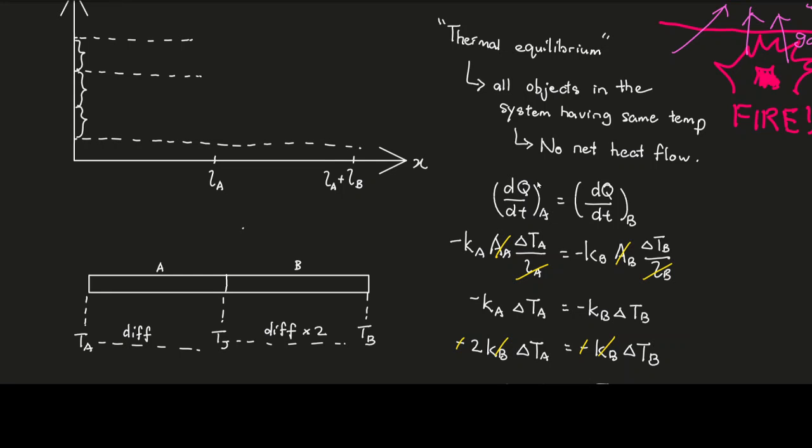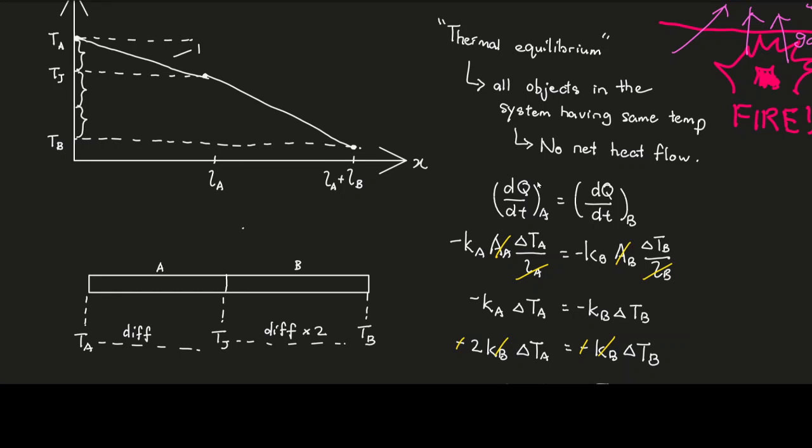We know the line should be straight because you assume there's no heat loss, you assume it's well insulated, and we treat A as the hot end. So this one we call temperature at A, this one temperature at joint, and this one temperature at B. So now the method is we need to connect the graph in straight line because you assume there's no heat loss.